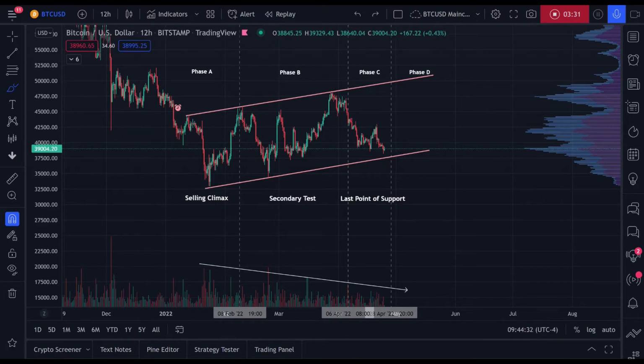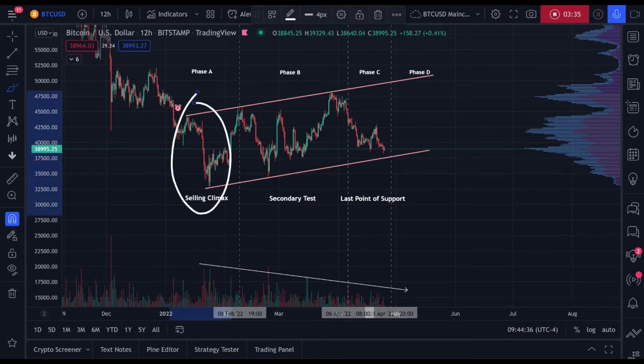The second step is you want to identify your phase A. Phase A in Wyckoff's method is the turn of trend, okay? In Elliott wave theory, we call this the initial break of structure, or the A wave. It's essentially when the big players exhaust the previous trend. They exhaust the selling. If it's an accumulation, you'll see this in a spike of volume.